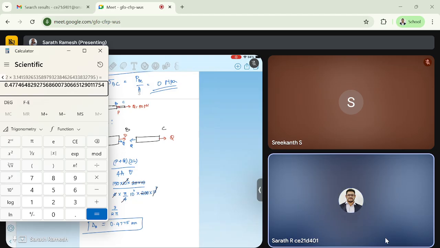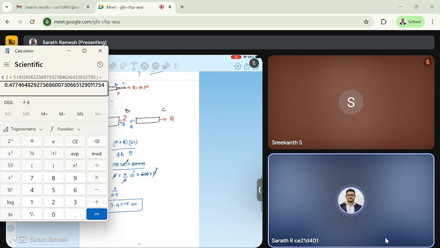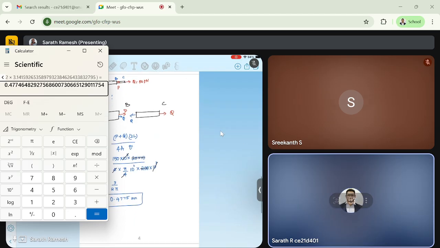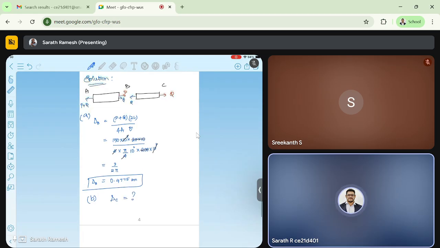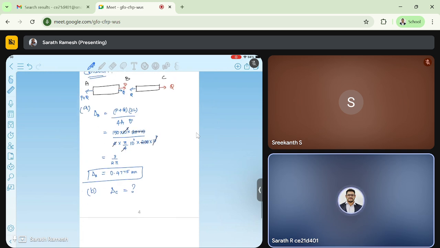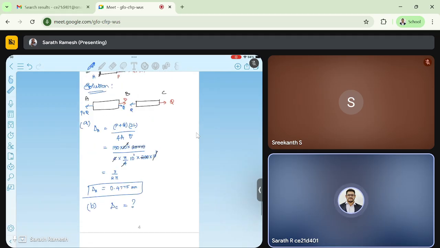Second part, they are asking what is the displacement at C. So subdivision B, we have to find delta C. How to find delta C? Directly we can write: how about the elongation in the portion BC?